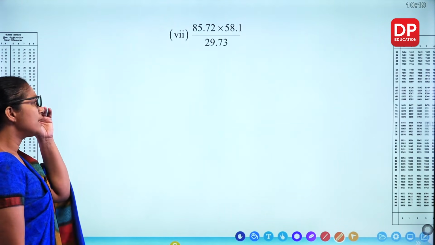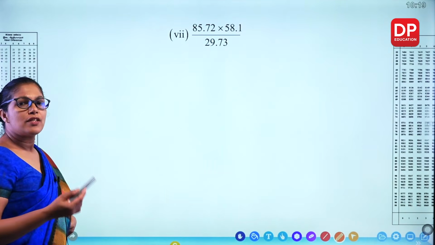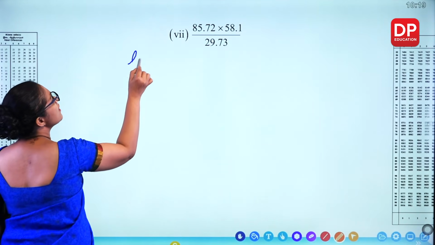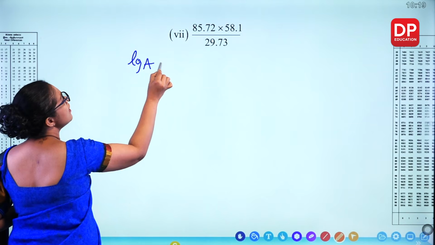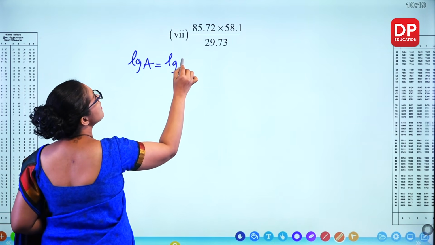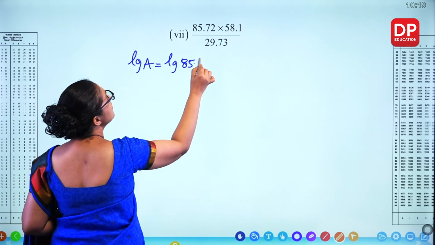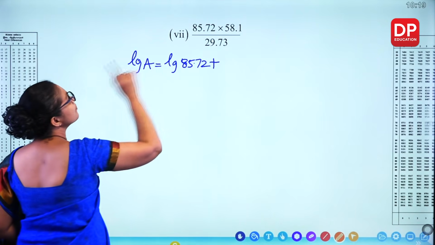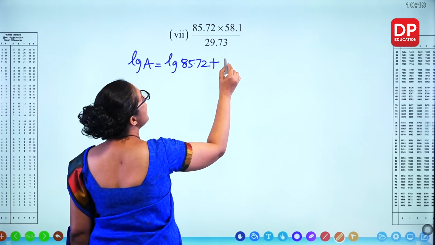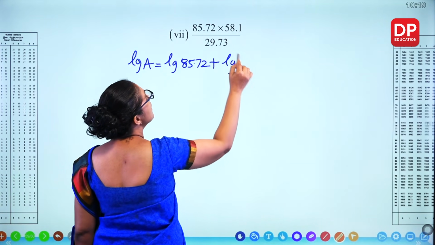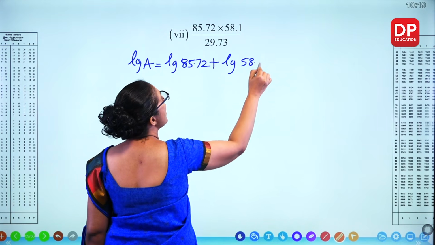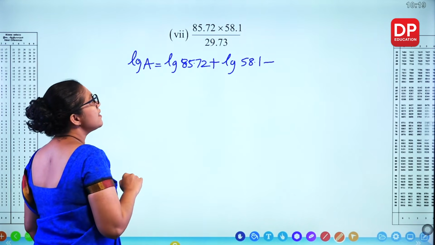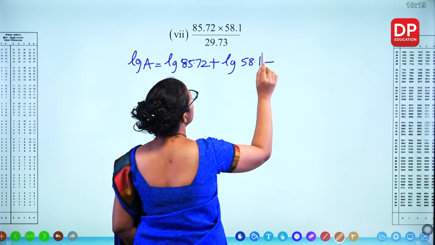Now take this one again, multiplication and division. You can straight away write down adding when it's multiplication of logs, and you can subtract when it's division in logs.